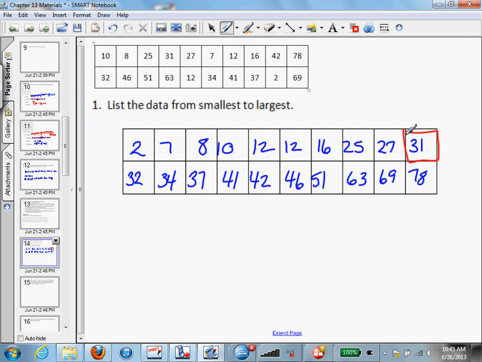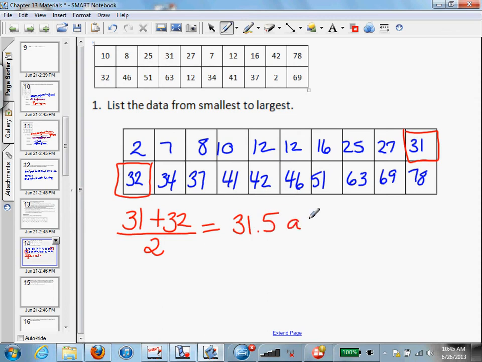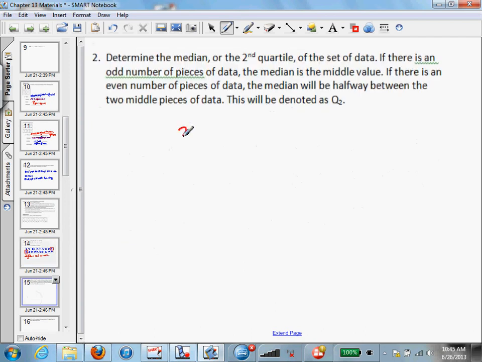So we know that 31 and 32 are going to be the midway point. So 31 plus 32 divided by 2. When we do that, you get 31 and a half as the median. So on the next page, let's write 31 and a half equals Q2.